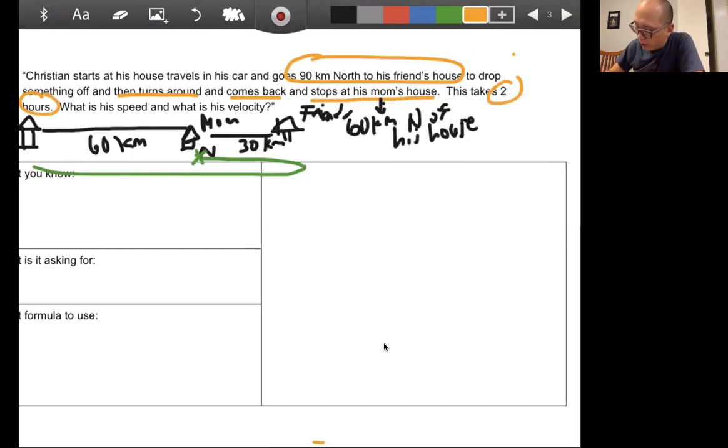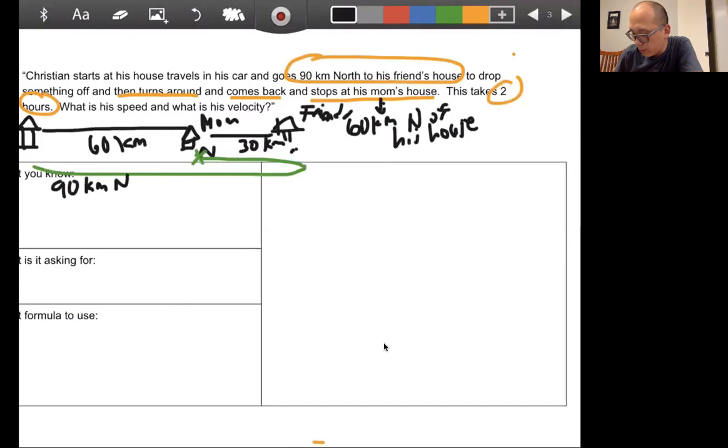Okay, so what do we know? Well, we know he went 90 kilometers north. Now, if he comes back and he's at his mom's house, 30 kilometers, okay, it was 30 kilometers south of where his friend was at, right here, okay? It's 30 kilometers south of where his friend's at.